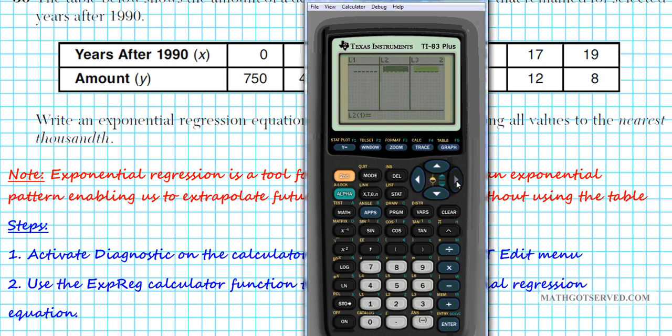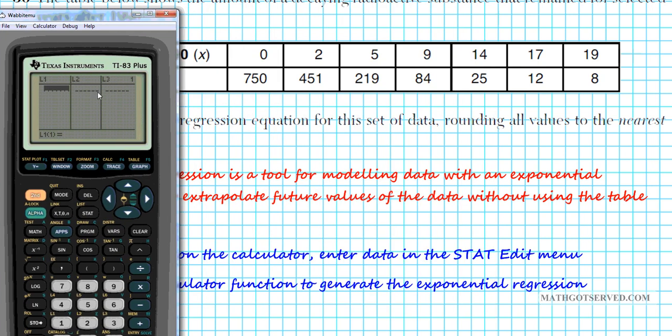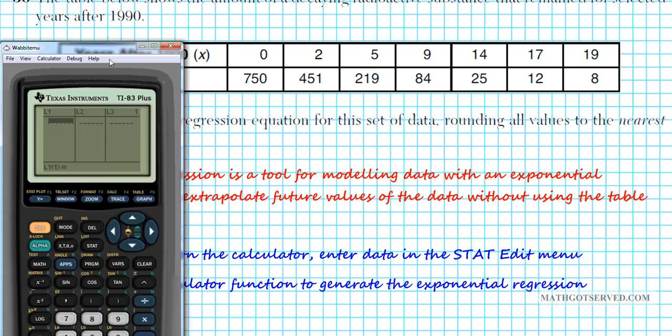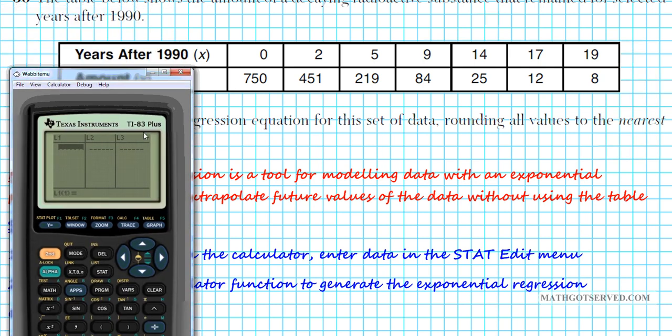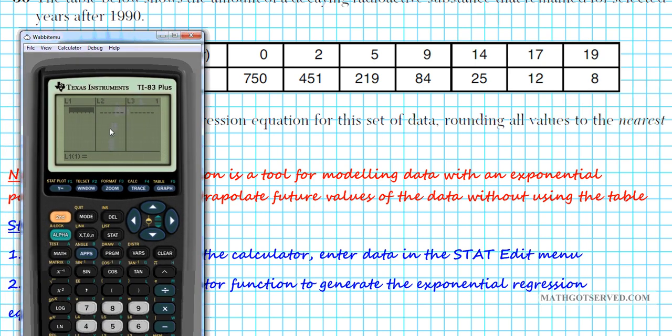Now you have multiple lists here that you can enter into your calculator. In this problem, we have two columns. So the years after 1990 will be entered into column L1, and then the amount Y will be entered in the column L2, okay? All right, so let's enter list 1.